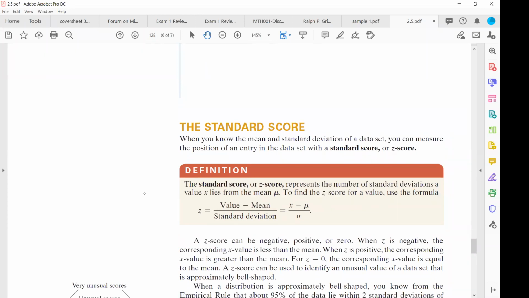To find the z-value, you have to have your mean and standard deviation. The z-value corresponding to x is x minus the mean divided by the standard deviation. What does it do? It actually rescales your data.